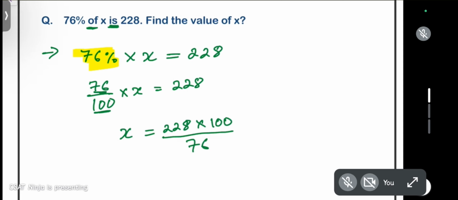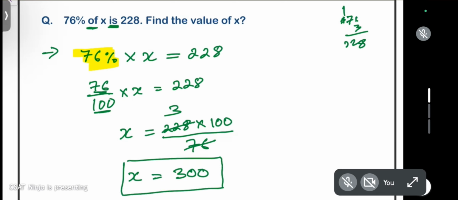So that's what we have. Now we can cancel this. Let me cross check here. 76 into 3 is 228, yes. So x is nothing but 3 into 100, which is 300. We are asked to find the value of x, and the value of x is this one.